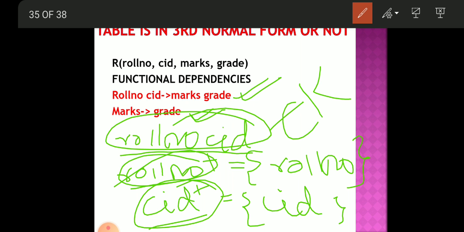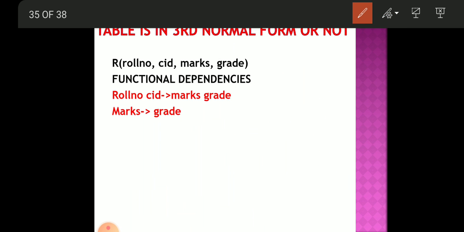According to the candidate key, we can find the prime attributes and non-prime attributes. One more question is whether we can find more candidate keys from that super key.